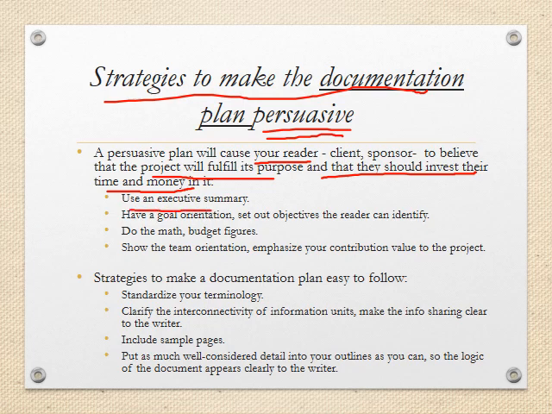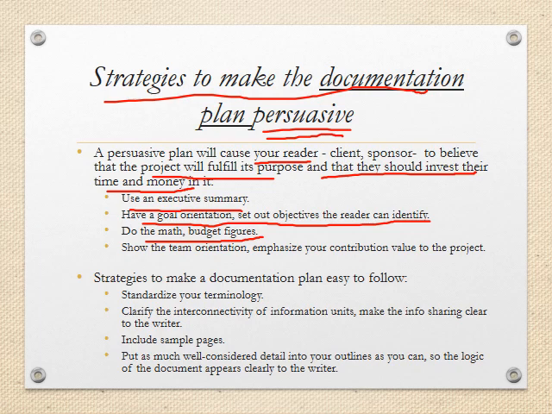First you have to use an executive summary, and here we mean give them the bottom line before you start, so they can put toward your project. اعطيهم المين idea about the project so they can be convinced. Second, have a goal oriented plan, set out objectives the reader can identify. خلي الاوبجكتيف والجولز تبعونك واضحين بحيث انه الريدر can understand them and believe them. Third thing, do math, budget figures.